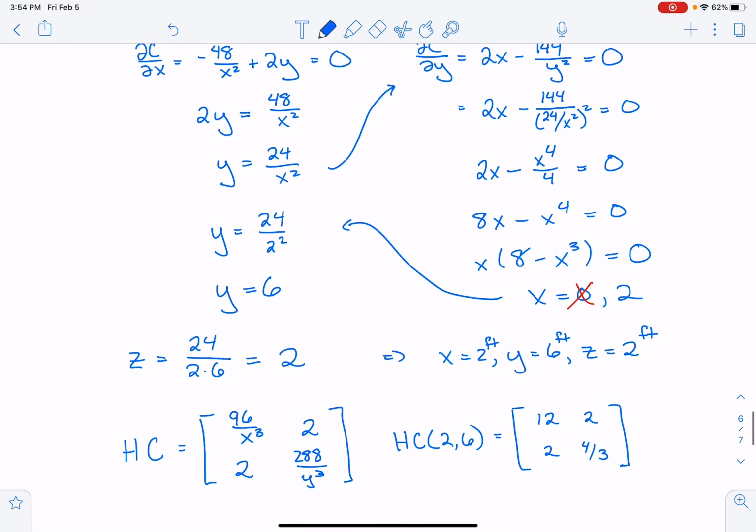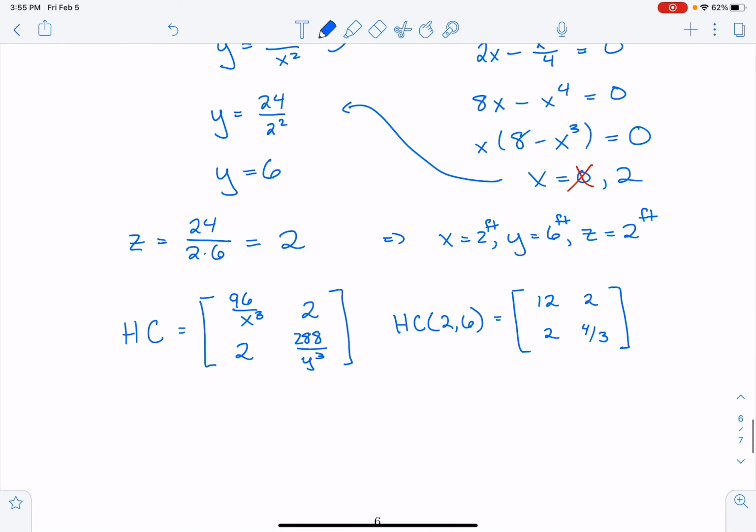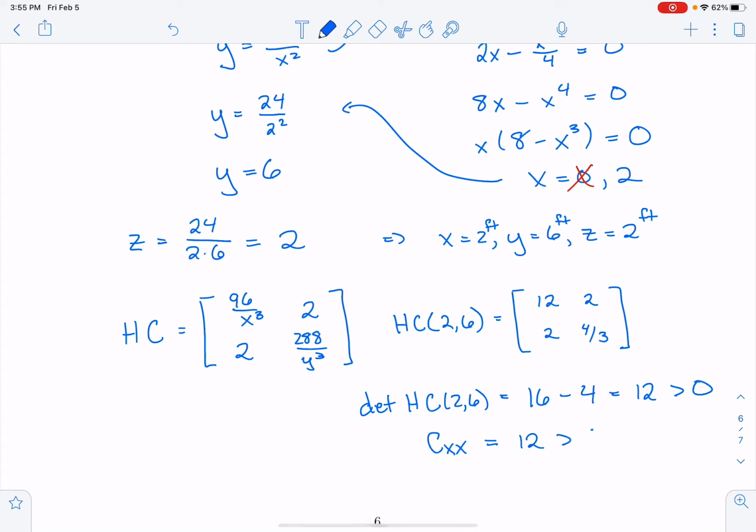Okay, so the determinant of the Hessian of my cost function is going to be 12 times 4/3, which is going to be 16, minus 2 times 2, which is 4. So that's going to give me 12. So it is positive. And then the second derivative of c with respect to x is 12, which is again positive. So that tells me I have a minimum.